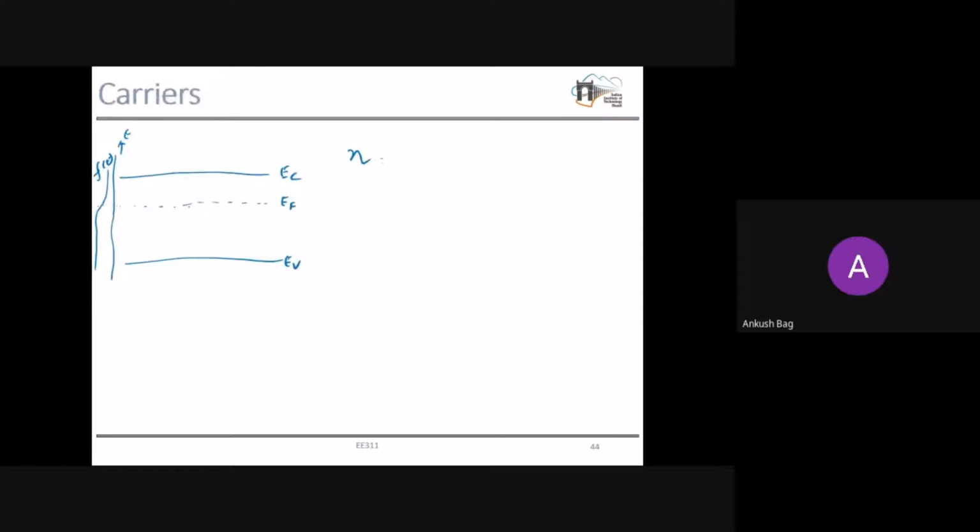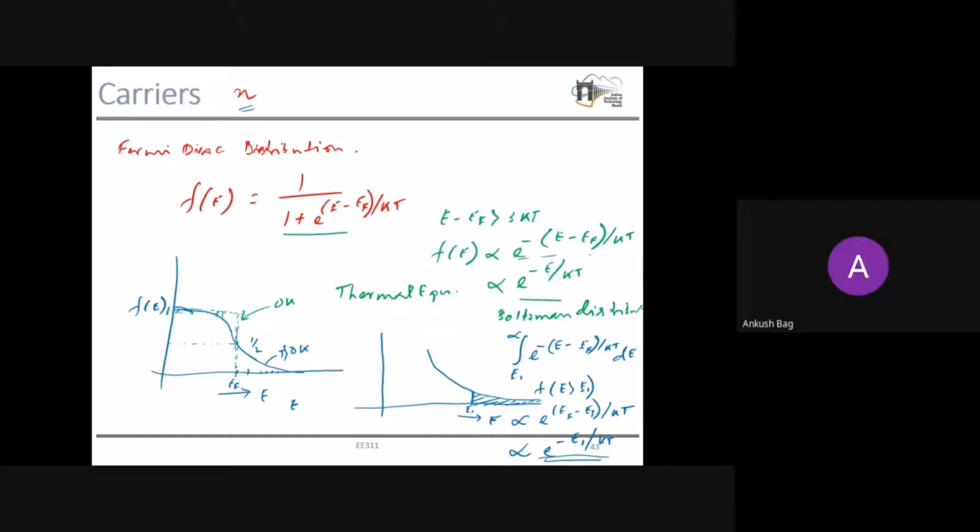So we can simply write this carrier concentration, still using this proportionality behavior, as something like EF, which we have already derived. In the previous case it was E1, so here we can now put EC.